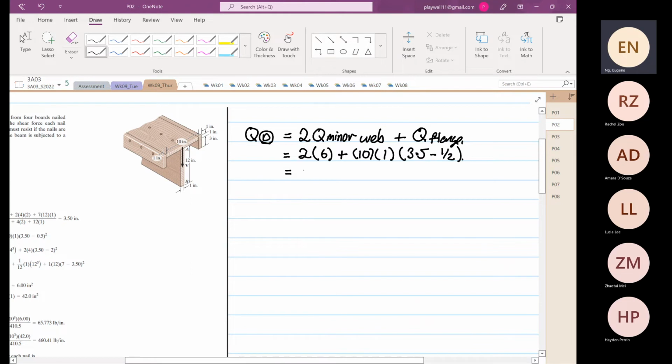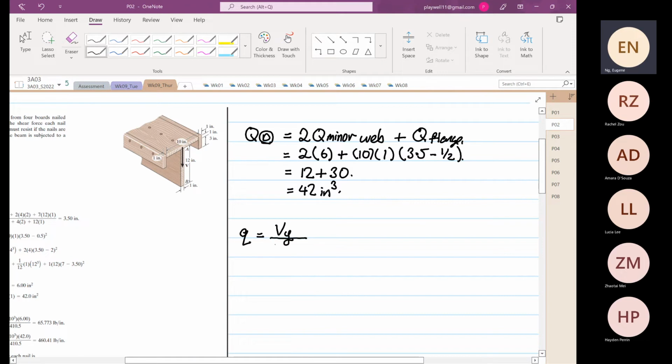Okay, so this is 12 plus 3.5 minus 0.5 times 10 times 1 is equal to 30. Let me do it again. 3.5 minus 0.5 times 10 times 1 is equal to 30. So this is equal to 42 inch cubed.